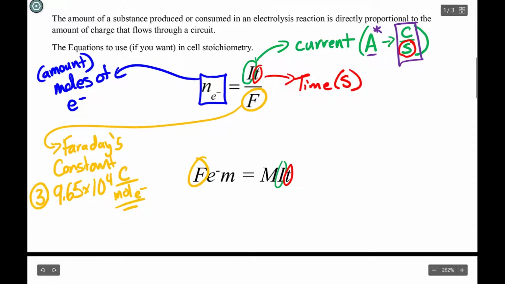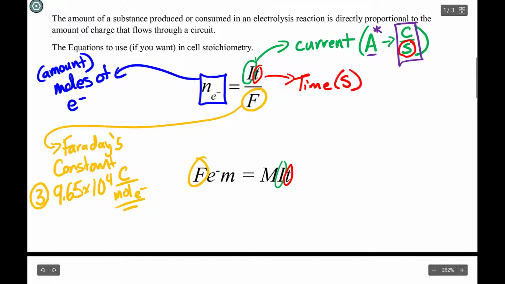The bottom equation down here is generally used for solving for mass, but it can also be used for solving for the amount of time a thing needs to run or the current. But I write this out in this format, which is a lot different from most teachers. Most teachers would have it rearranged just for mass.